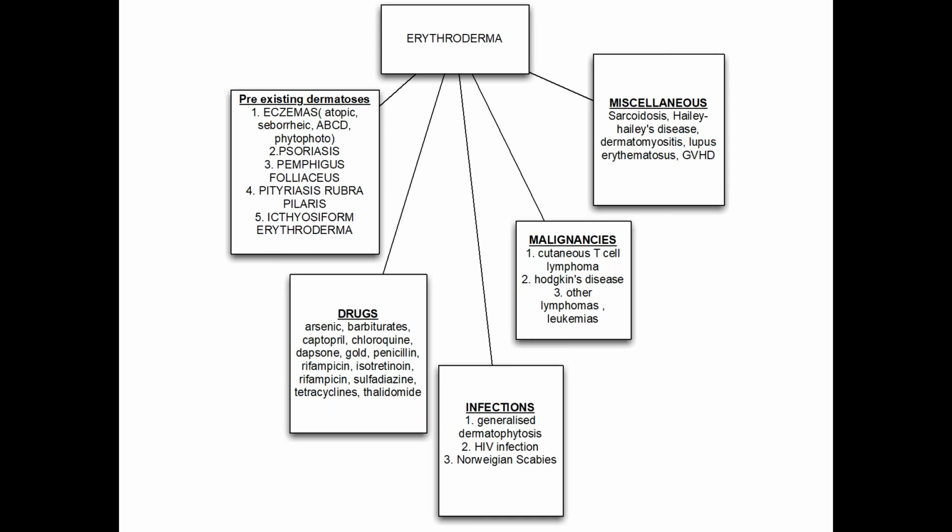First, erythroderma can be caused by other pre-existing diseases like eczema, psoriasis, pemphigus foliaceus, pityriasis rubra pilaris, ichthyosiform erythroderma. Miscellaneous causes are sarcoidosis, Hailey-Hailey disease, dermatomyositis, lupus erythematosus, graft-versus-host disease. Drug causes are heavy metals, arsenic, barbiturates, captopril, chloroquine, dapsone, gold, penicillin, rifampicin, isotretinoin, sulfonamides, tetracycline, thalidomide.